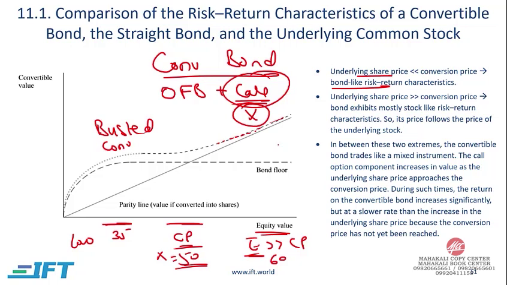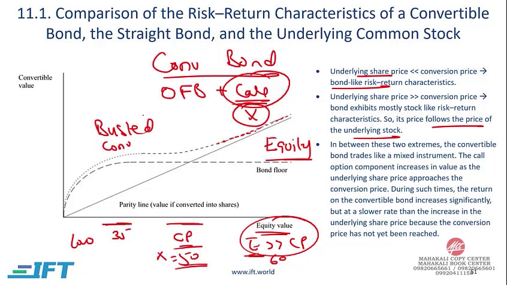We can therefore say that in this situation where the equity price is much greater than the conversion price, the risk return characteristics of a convertible bond are very similar to equity. So the convertible bond behaves like the underlying stock, and the price follows the price of the underlying stock, as we can see with this dashed line that is following the price of the underlying stock.